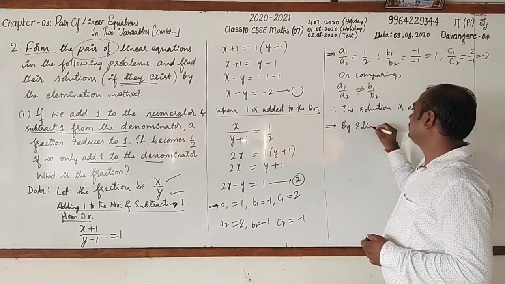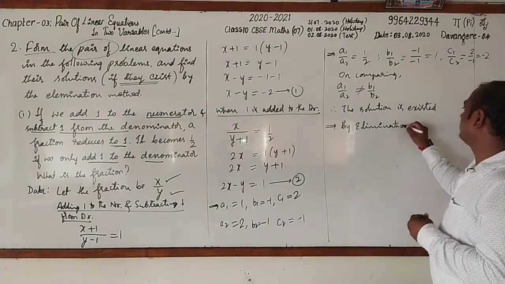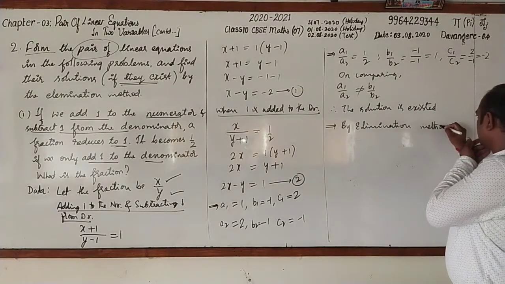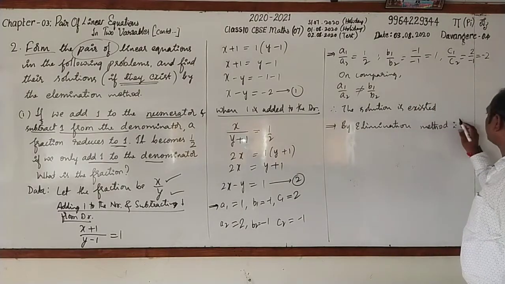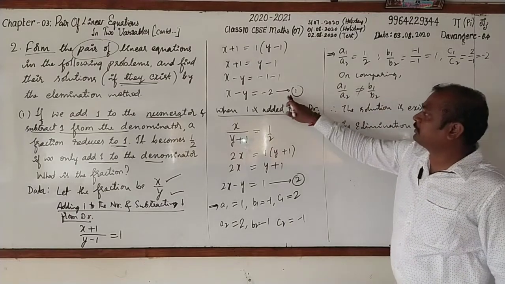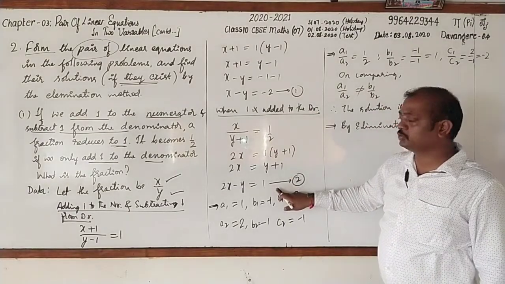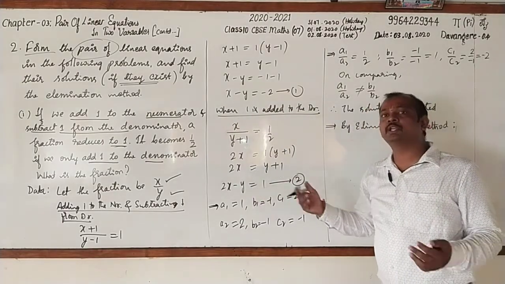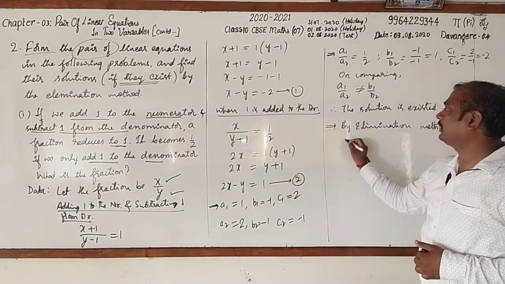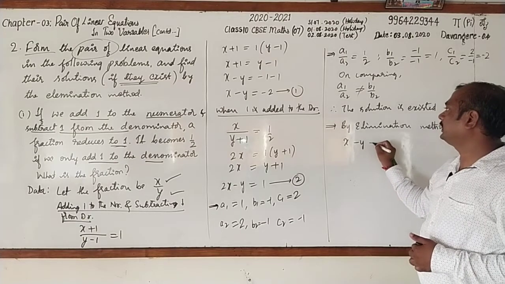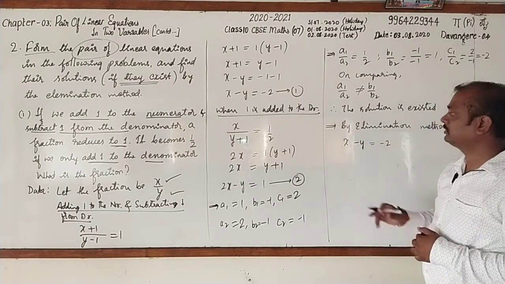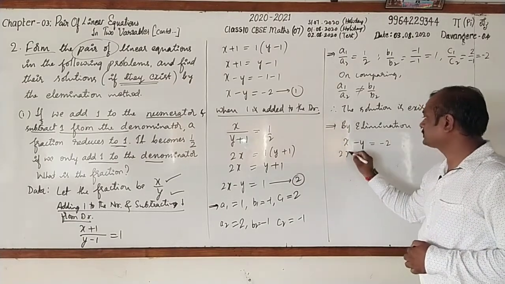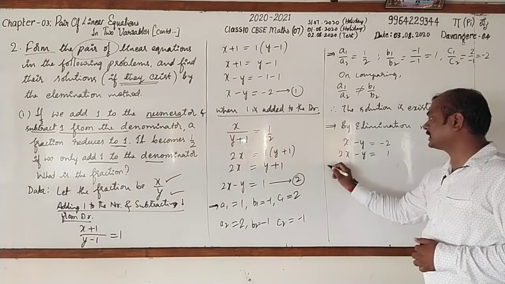By the elimination method, observe equation 1 and equation 2. The coefficient of y in both equations is the same. I'll write them. x minus y equal to minus 2 is the first equation. Then 2x minus y equal to 1 is the second equation.